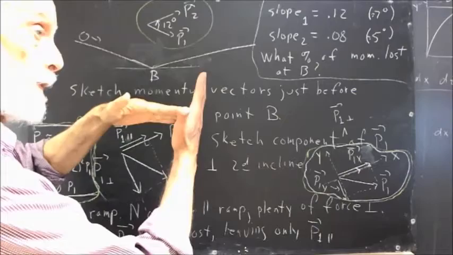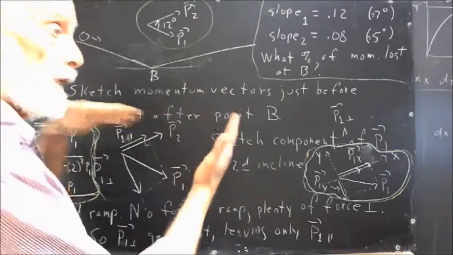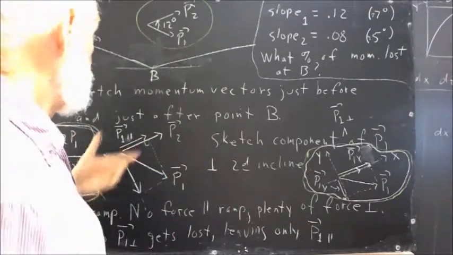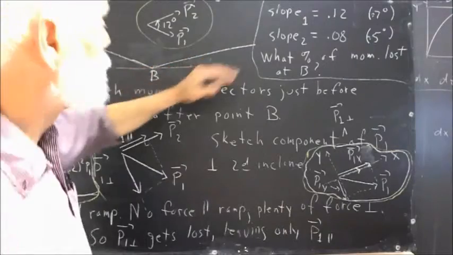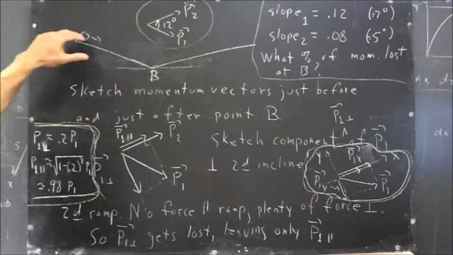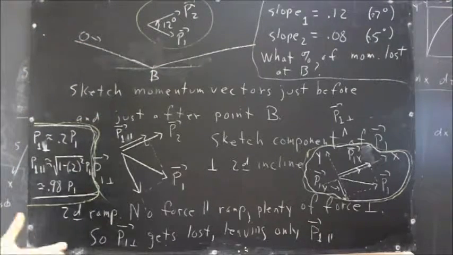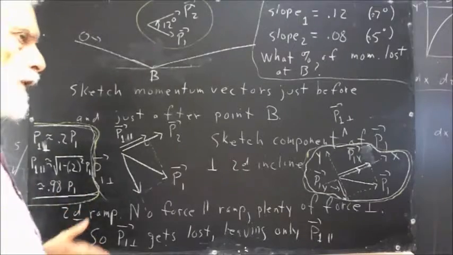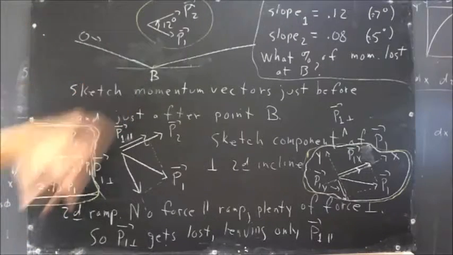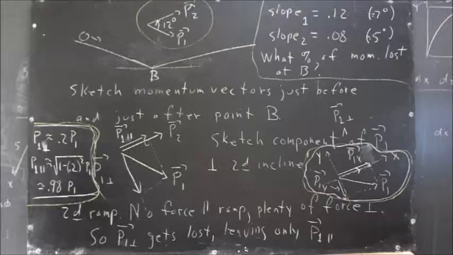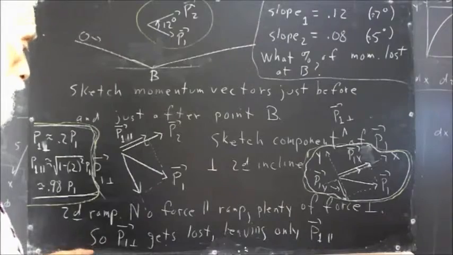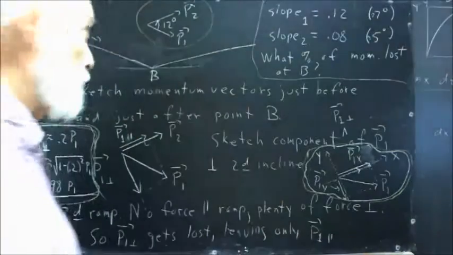If you hit something perpendicular, you either bounce back or just lose your momentum, assuming the thing you hit is massive enough to withstand that, and the ramp supported by the table is plenty massive to get rid of the perpendicular component of the momentum of this ball. So that component goes away. What if it rebounds a little bit? That's not going to be very relevant to this situation. So you lose the perpendicular component of the momentum, and that leaves only the parallel component.